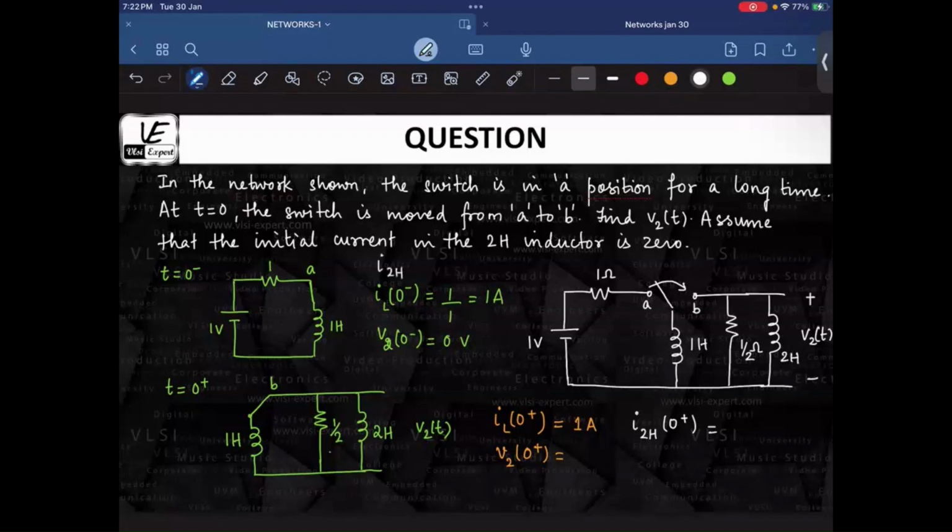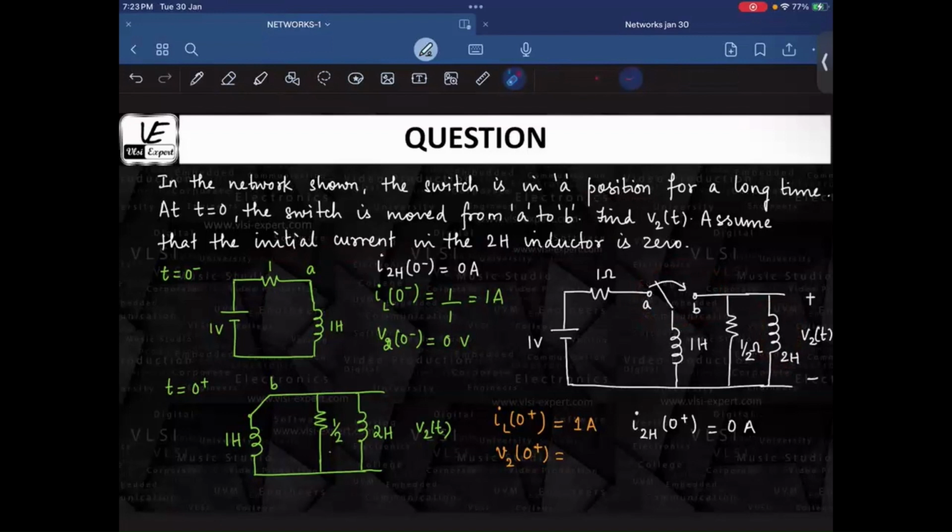This will be at 0 plus. The current I of 2 Henry at 0 minus is equal to 0 ampere. This is given in the question: initial current in the 2 Henry inductor is 0. So even after changing the switch position, this inductor will not allow a sudden change in the current. So it will continue to remain 0 volt, sorry, not 0 volt, 0 ampere.